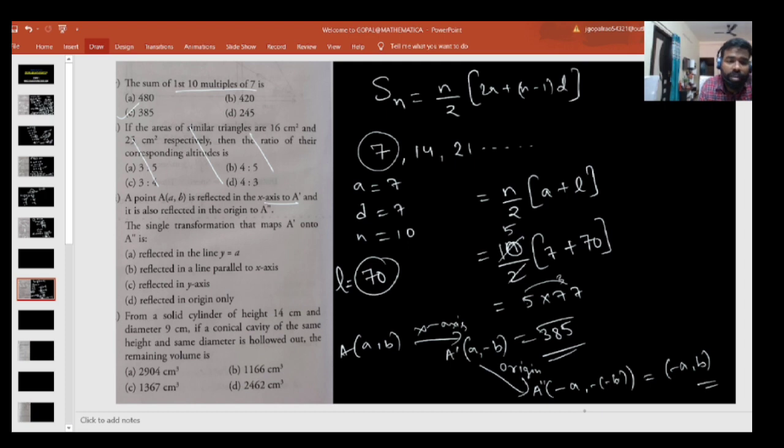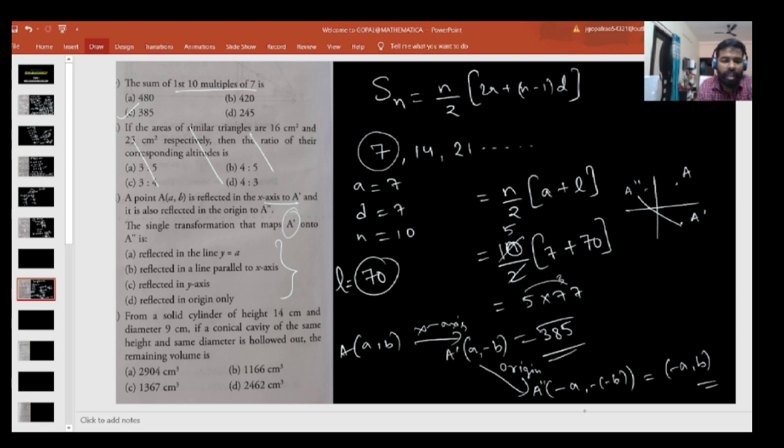They are asking us what is the single transformation that maps A to A double dash. So which is the single transformation? The single transformation that maps A dash to A double dash. Let me show this. Suppose this was A, and when it is reflected, this becomes A dash, and now this becomes A double dash.